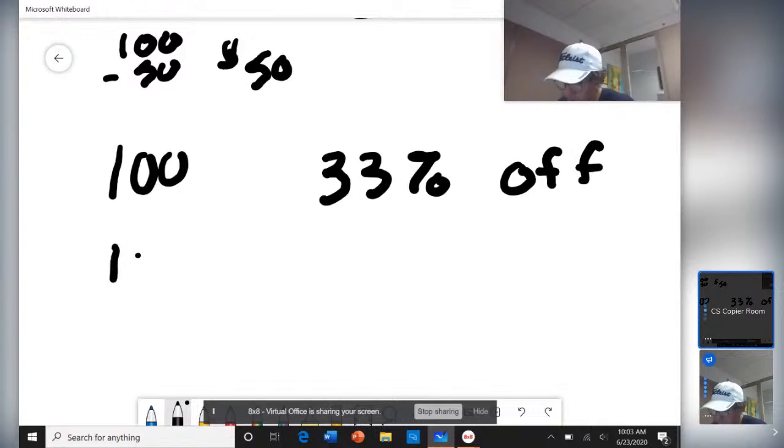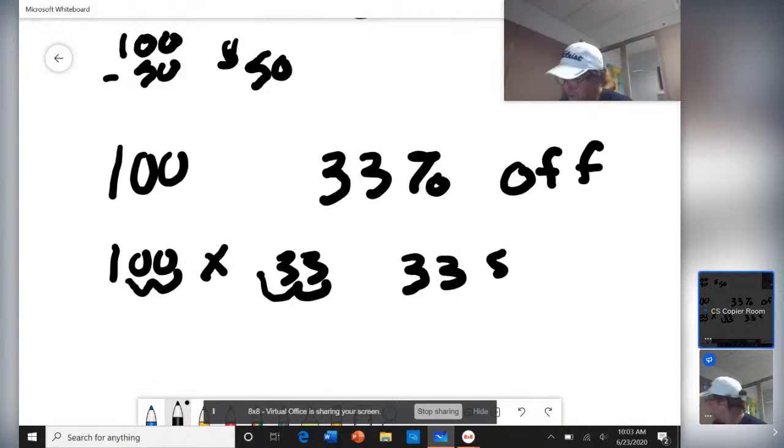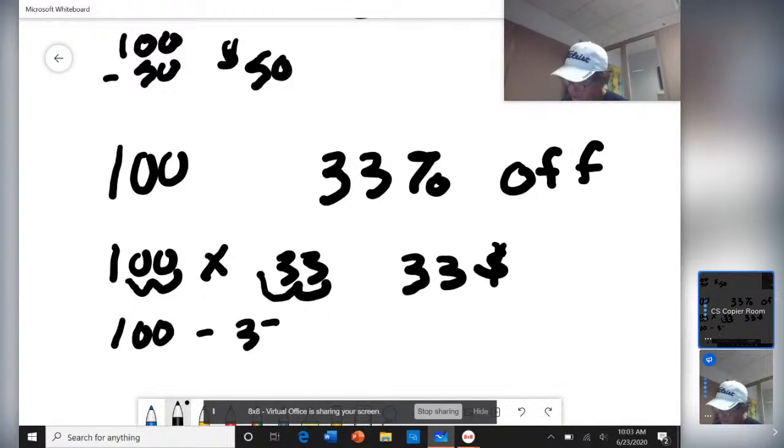So we'll do 100 times 0.33. And once again, move the decimal 2 places, 1, 2. That's going to give you $33. And if you subtract 100 minus 33, it's going to give you $67.